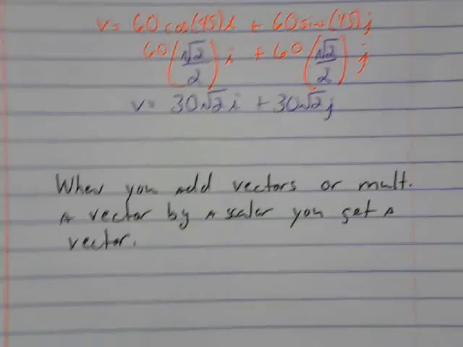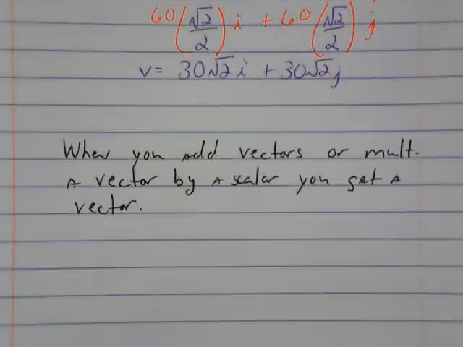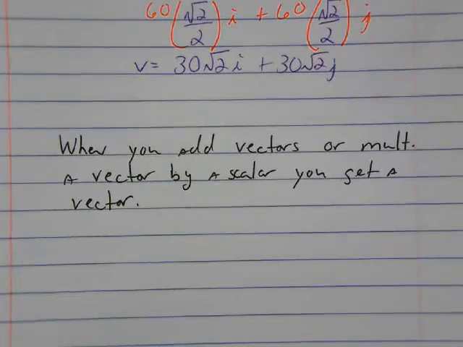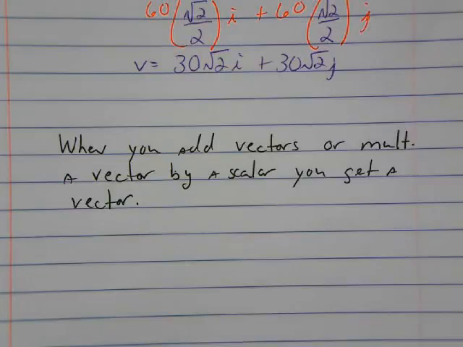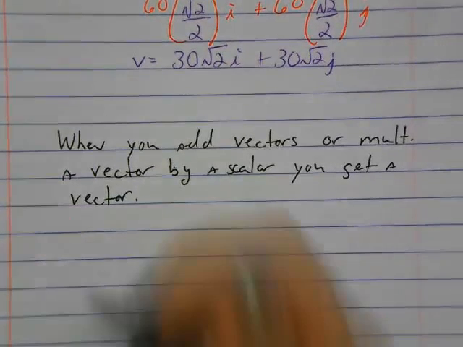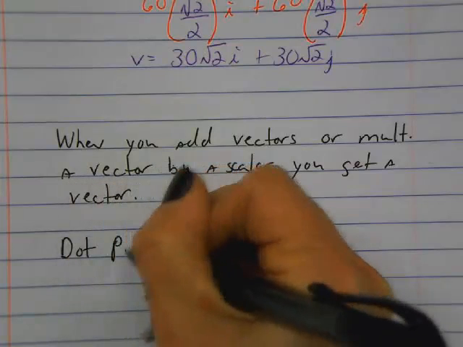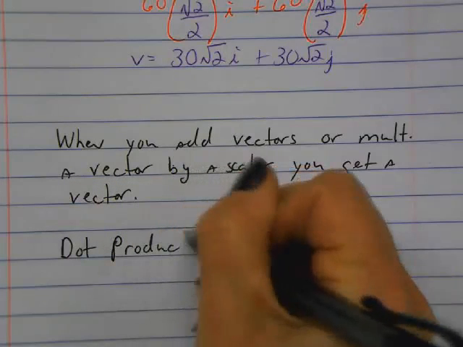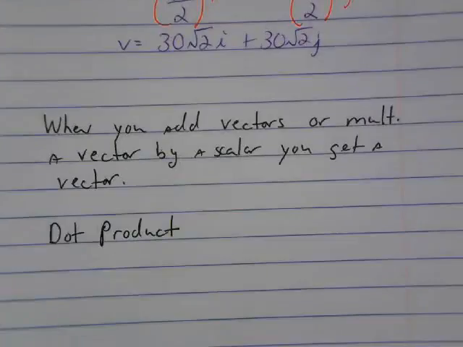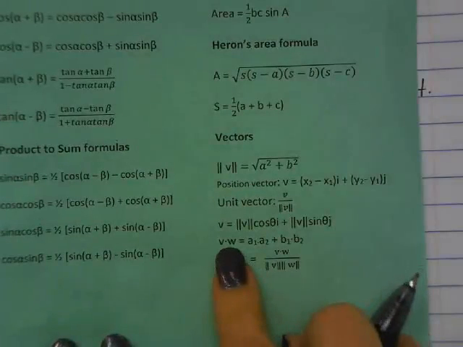This is what we were doing today in class. If you add vector v plus vector u, you get a vector. The dot product is going to allow us to get rid of a vector. And again, the dot product is on your little green sheet right here, v dot w.